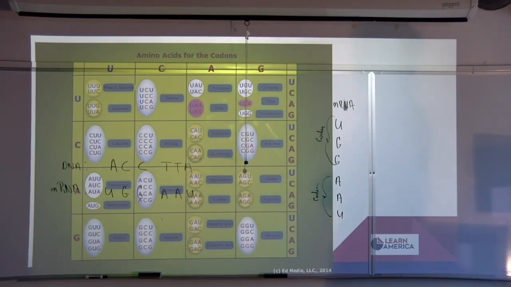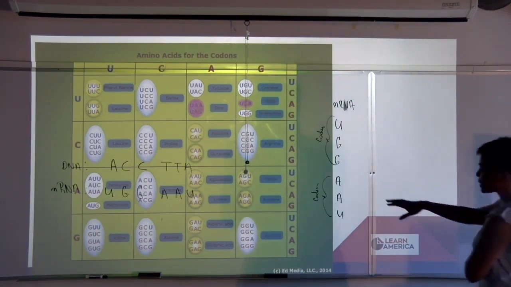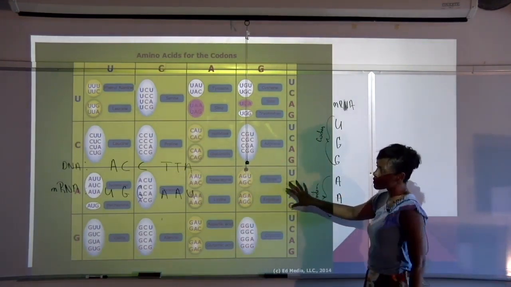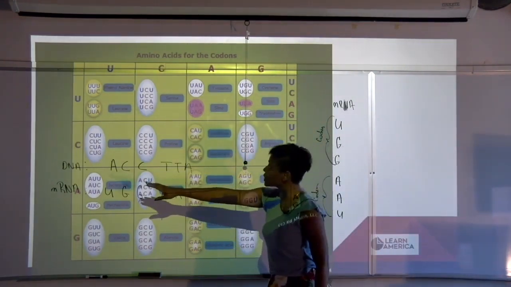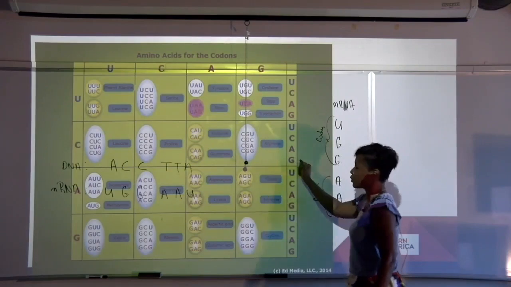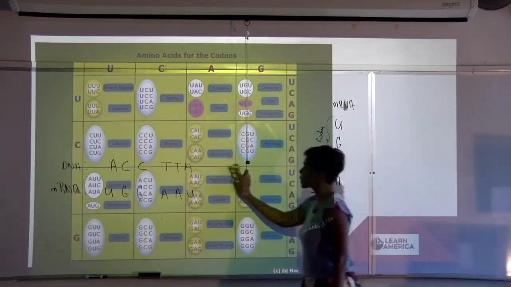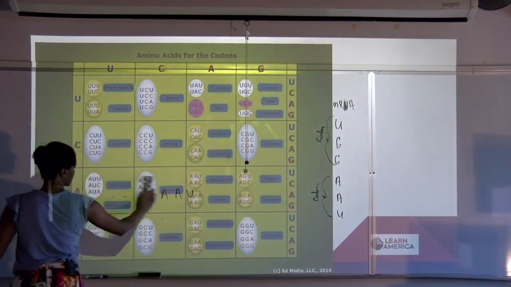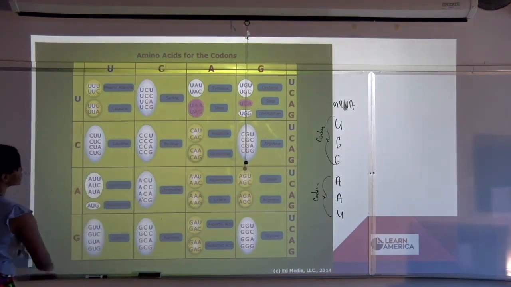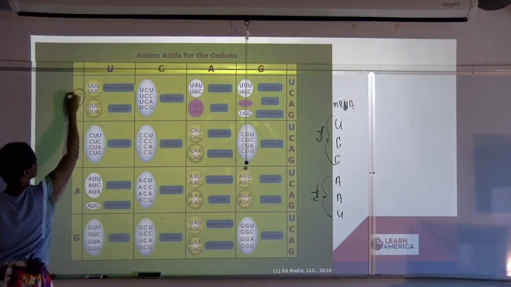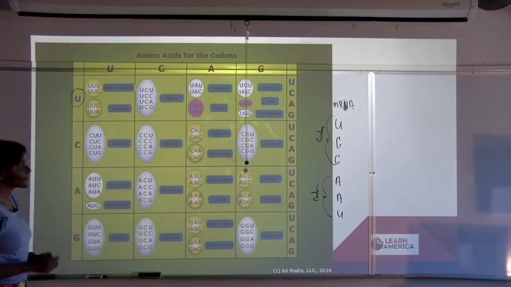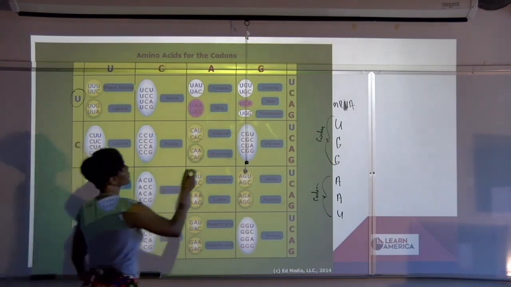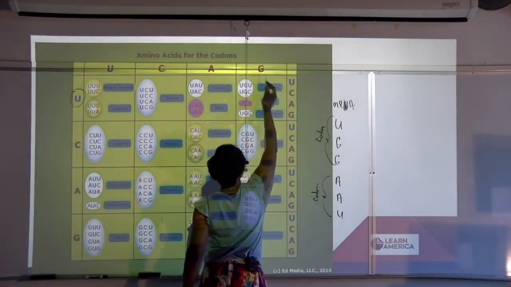UGG. So there are different charts that you can use. This one you'll go from the first letter, second letter, third letter. So the first letter here is U. What's the second letter? G. It's up here.